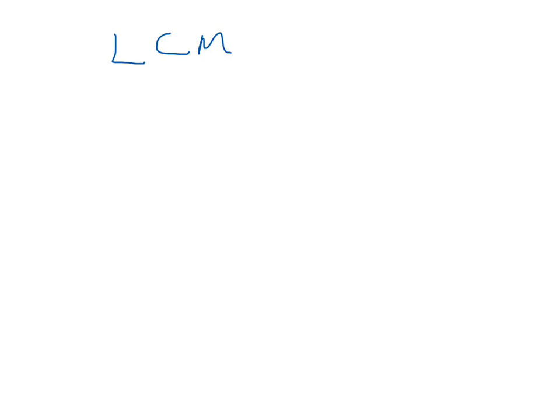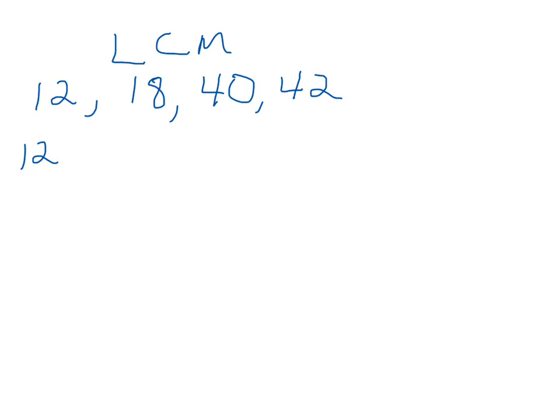So let's find the least common multiple of 12, 18, 40, and let's say 42. First we find the prime factorization of each number, and we'll pretend that we've already done that using factor trees.